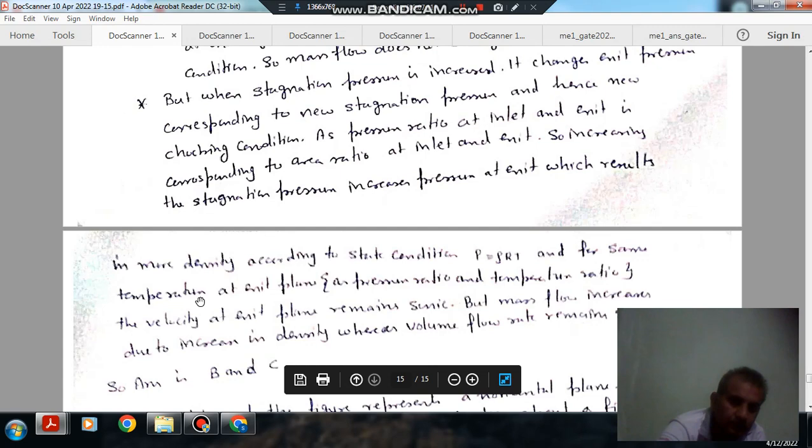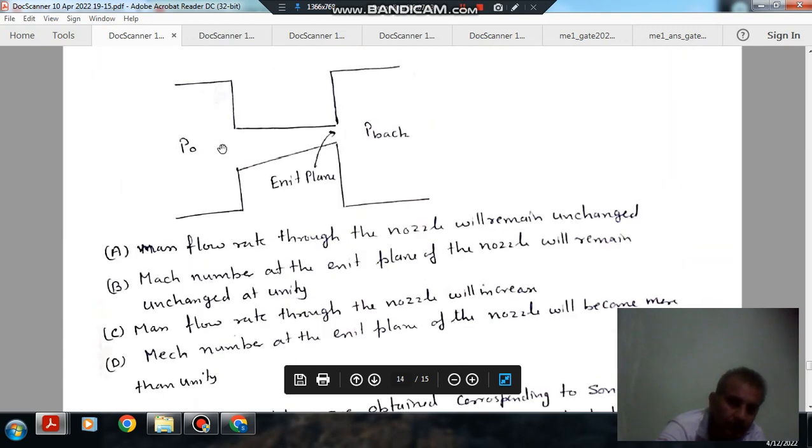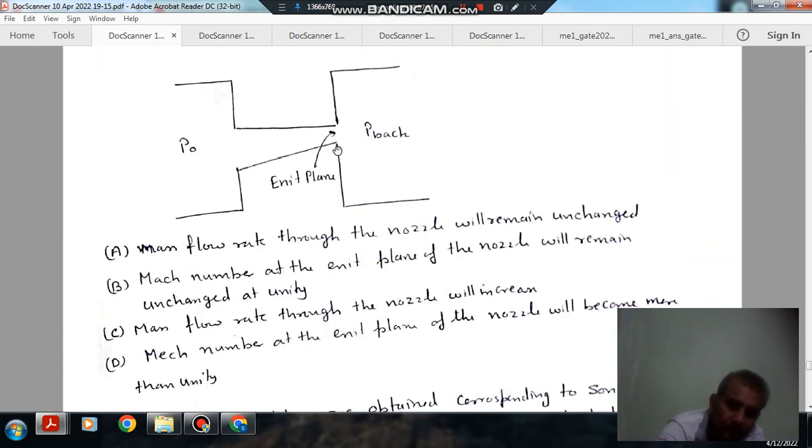Because the pressure ratio is the same, if T naught does not change, then the temperature here will be the same as in the previous case, because only pressure has been changed.